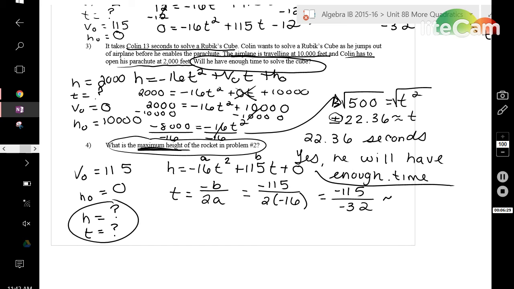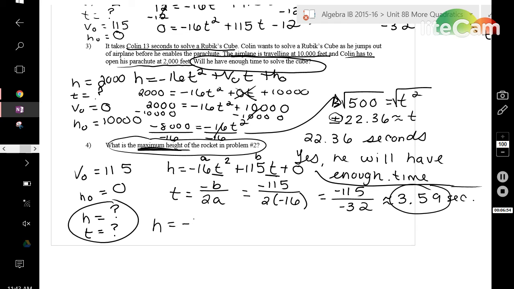And when I divide those, I get approximately 3.59 seconds. That tells me how long it takes to get to the maximum height. So it'll take 3.59 seconds to reach the maximum height. We don't know what the actual height is yet. I have to take this t and plug it in for t in my original.